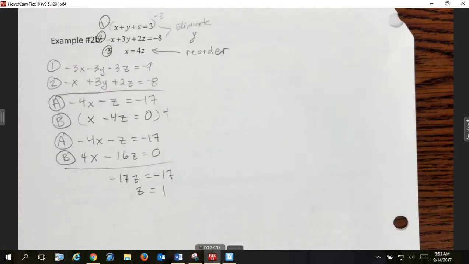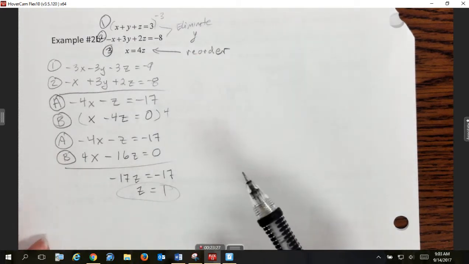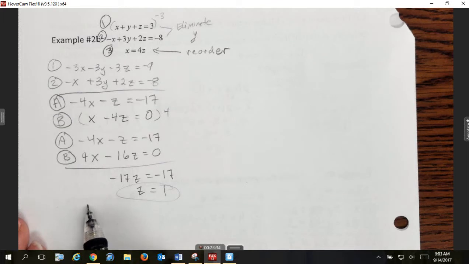I solve that and I get that z is equal to 1. And then we use back substitution. So we go back a step. We go back to either A or B. It does not really matter which one we plug it in. B would be fine. Is that okay?